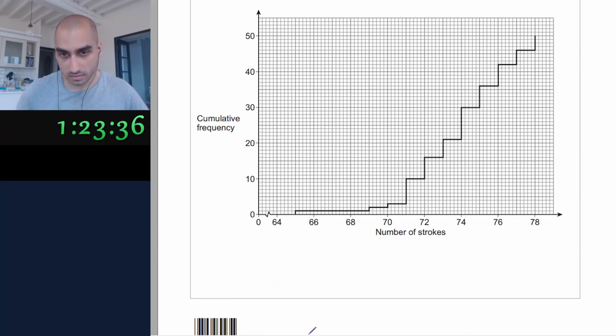Alright, so we're here, 72 or fewer. So it's 10. It's cumulative. No. It's where this bar reaches. So 16.